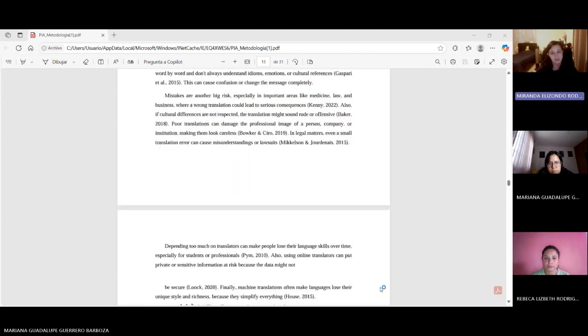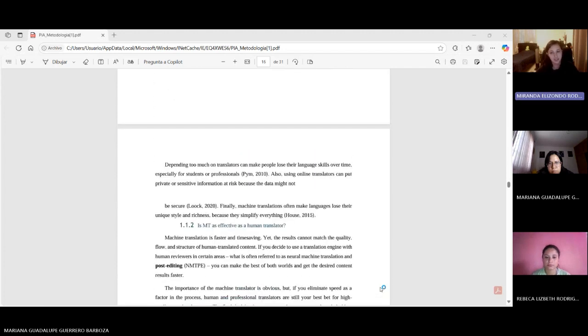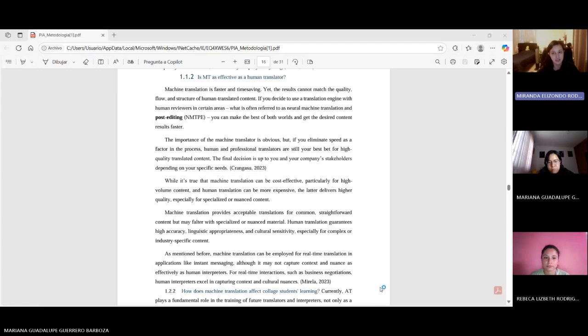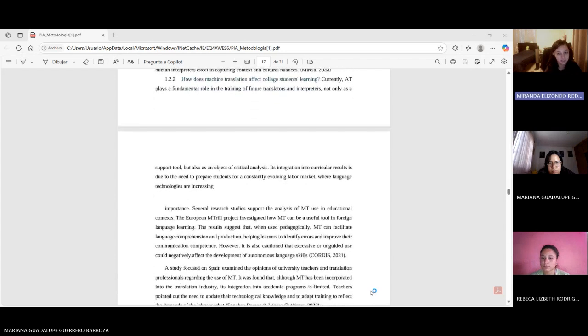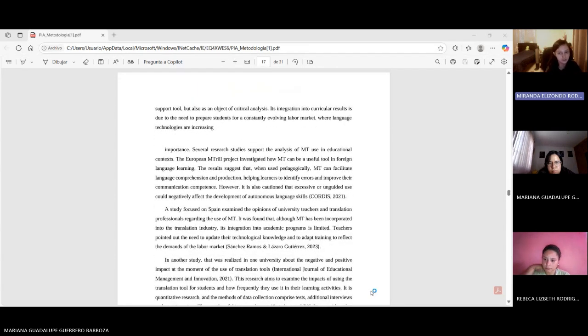Second, how impactful is machine translation on the proficiency and autonomous use of the English language by these students? And finally, what are the main differences between translations done with MT tools and those created by human translators using their own skills and resources?